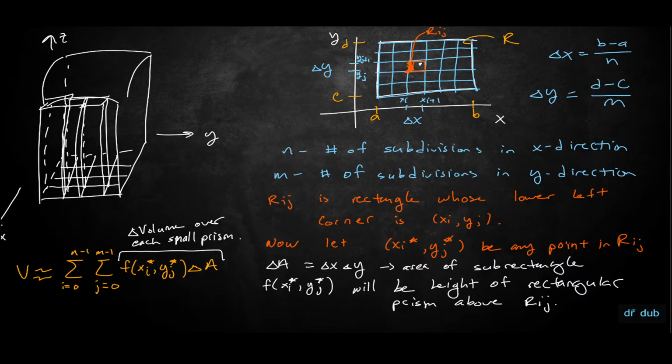So that is the double sum that is approximating the volume that we want to find. And then take the limit as m and n go to infinity, and that's the definition of a double integral.